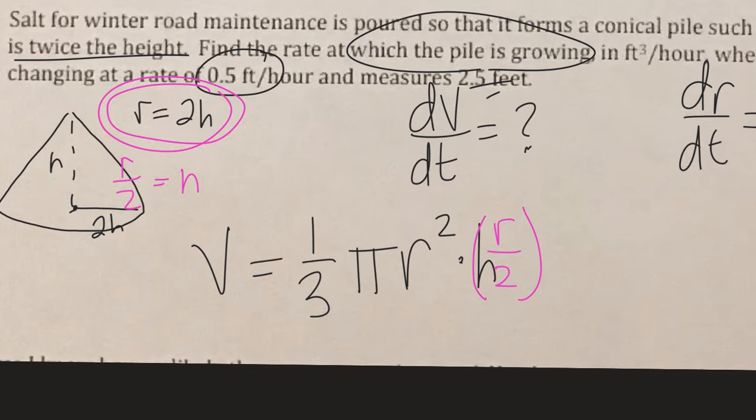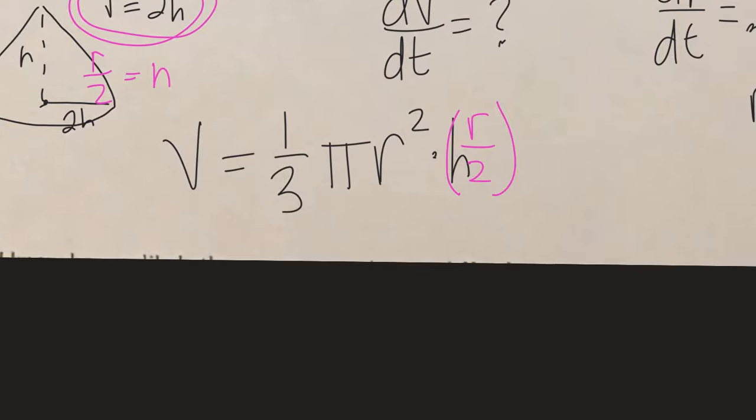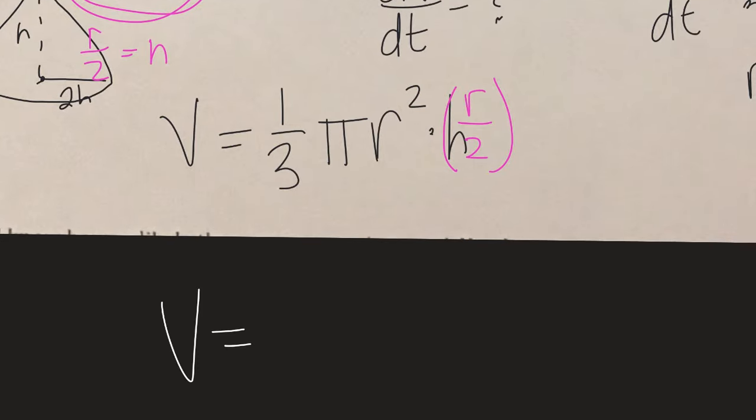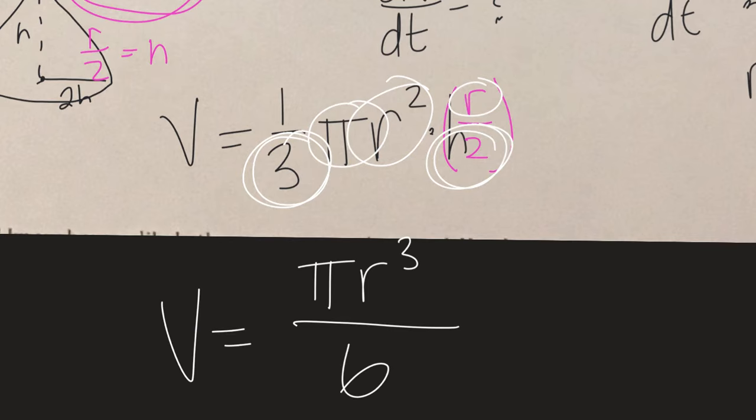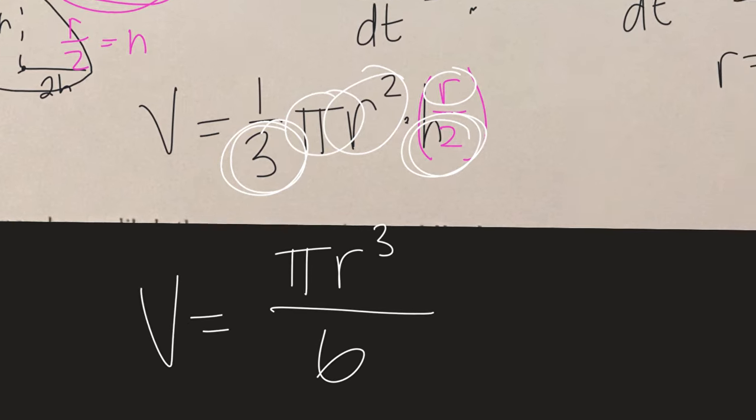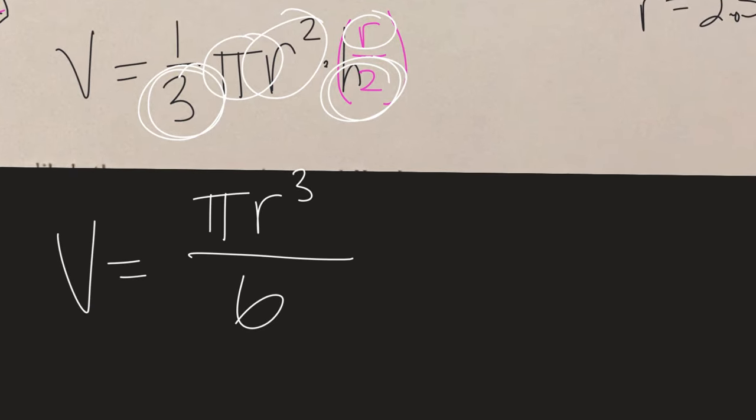Okay, so when I simplify my equation, I have volume equals, let's see, what's in the top? We have a pi r squared times r is pi r cubed, and I have a 3 and a 2 as denominators, so over 6. So this is my volume formula in terms of my radius.